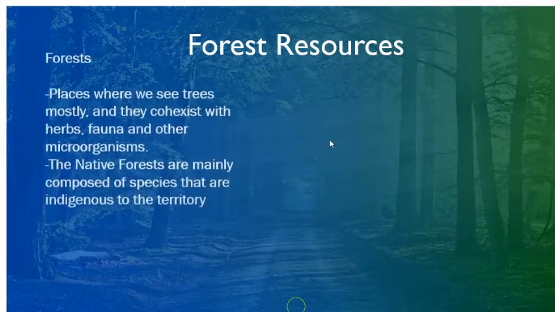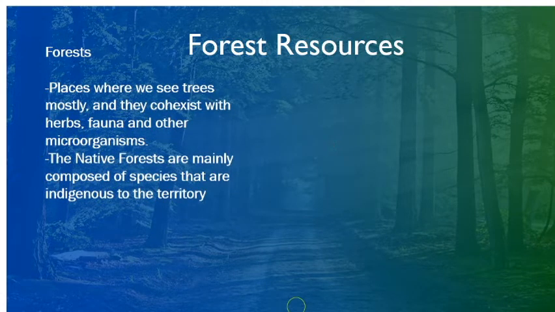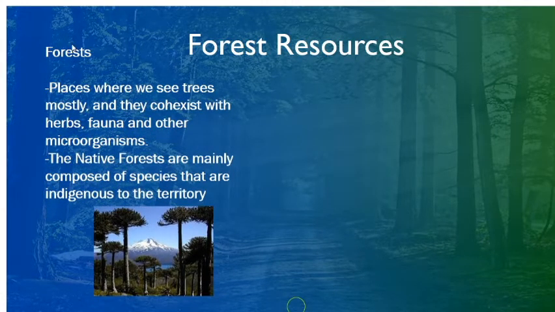Now we're going to take a look at two different types of forest resources. First of all, we have forests, which are basically places where we see trees. Mostly they coexist with the herbs, fauna, and other microorganisms. So basically they are places where the forest coexists with animals and other living things around.